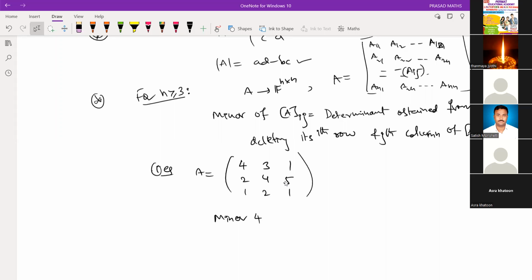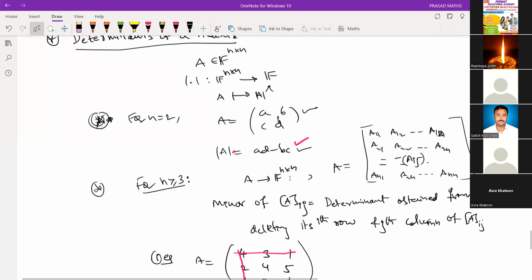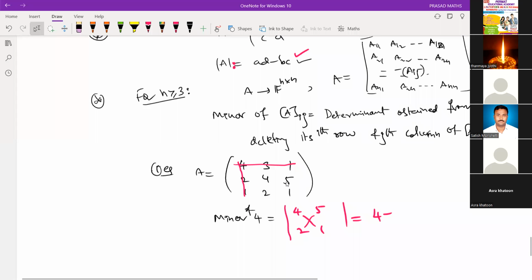Delete this column, delete this row. What is the determinant? 4, 5, 2, 1. I have defined the determinant of 2 by 2 matrices: the determinant for a 2 cross 2 matrix is AD minus BC. So 4 minus 10 equals minus 6.